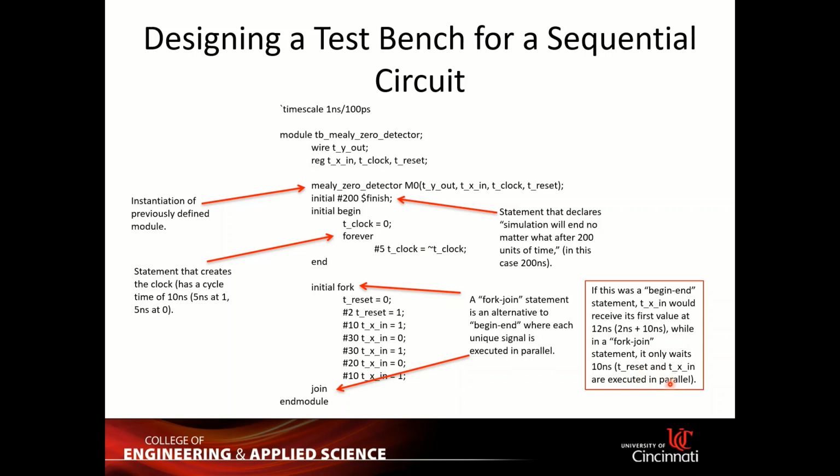The T reset and TXin can be executed in parallel.